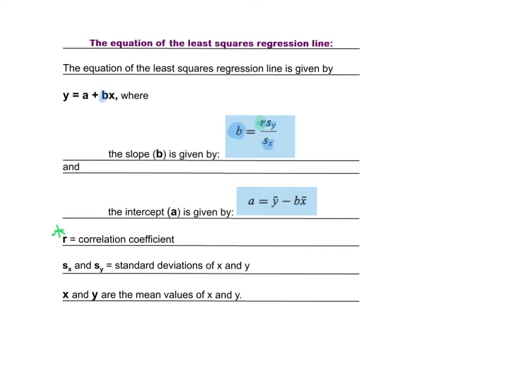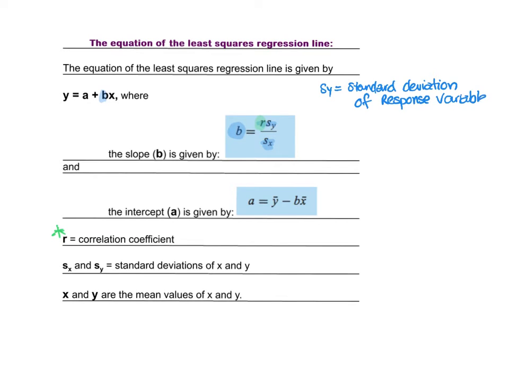Now, SY and SX are the standard deviations of the Y and X. Let's write it up here: SY equals the standard deviation of the response variable. They might not use Y because we're talking about real data. What they've done is they've got the list and found the standard deviation of that variable.